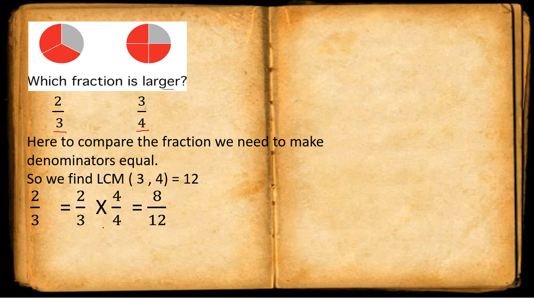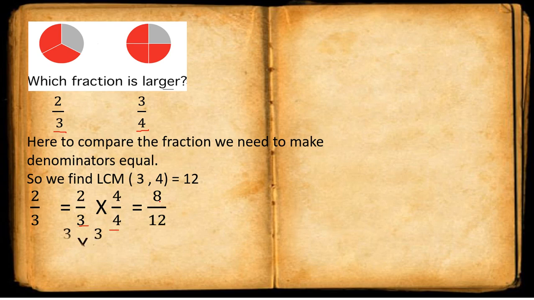So by multiplying 3 with 4, only we can get the denominator 12. So if we have to multiply the 4 in the denominator position, we have to multiply 4 with the numerator also. So 2 by 3 multiplied by 4 by 4 makes the denominator equal, that is equal to 8 upon 12.